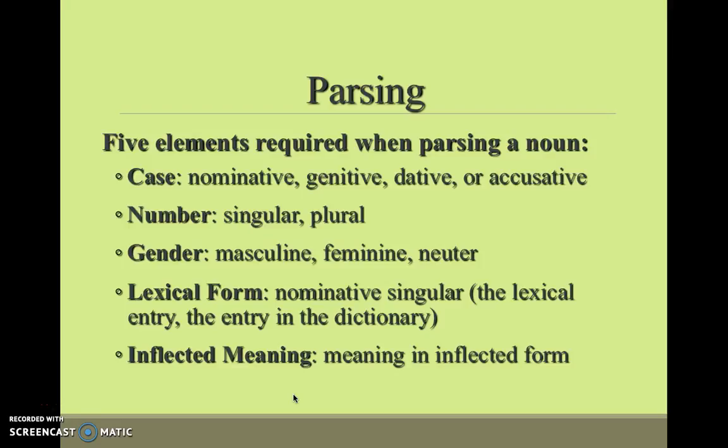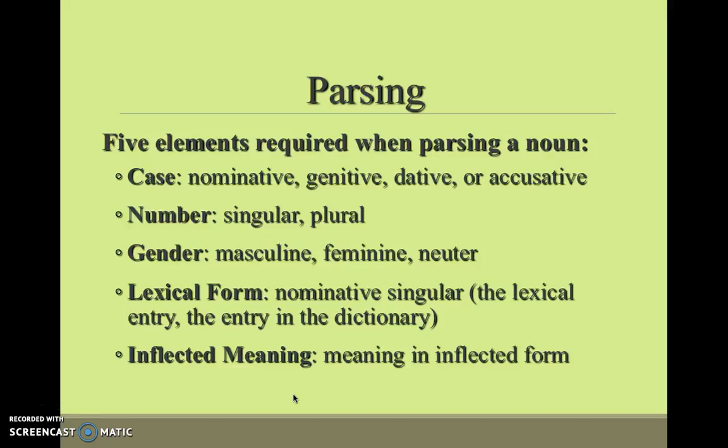But the main thing, and we will have access with BibleWorks to be able to find that out, is what word we're looking at. The 5th element is inflected meaning. What does that word mean in its inflected form? Logos might mean word as a subject, but it may have a different translation if it was functioning in a different part of the sentence, as the indirect object.